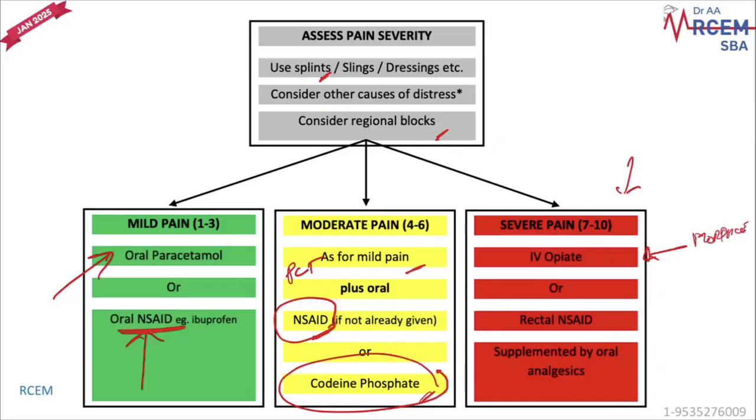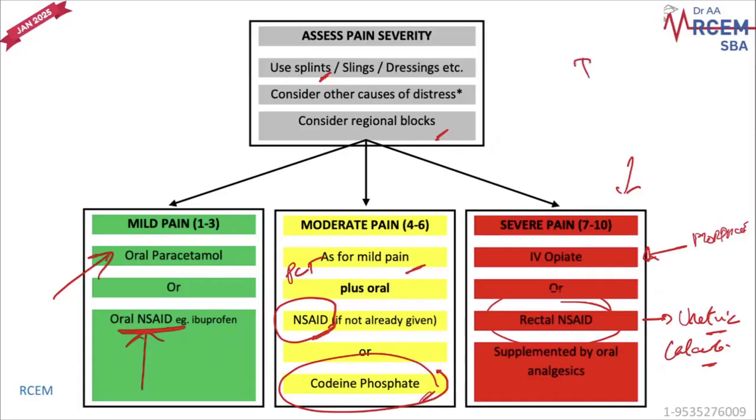What about the rectal NSAID I have mentioned? In certain situations, especially in ureteric calculi, remember this, it is tested multiple times in the exam. In ureteric calculi, the best painkiller is a rectal NSAID. Do not forget this.